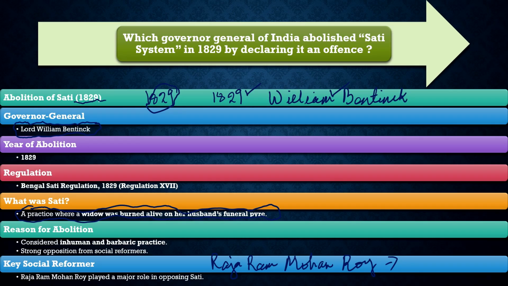So what should you remember? You must remember the year 1829, when the abolition of Sati happened, and who abolished it: William Bentinck, and the social reformer who led this: Raja Ram Mohan Roy.